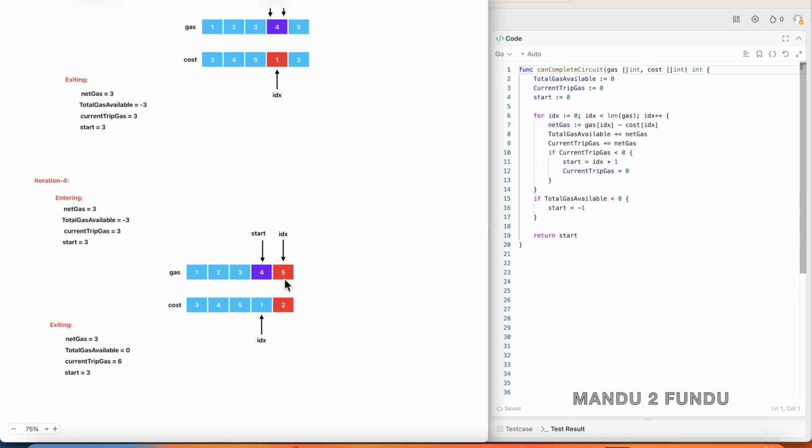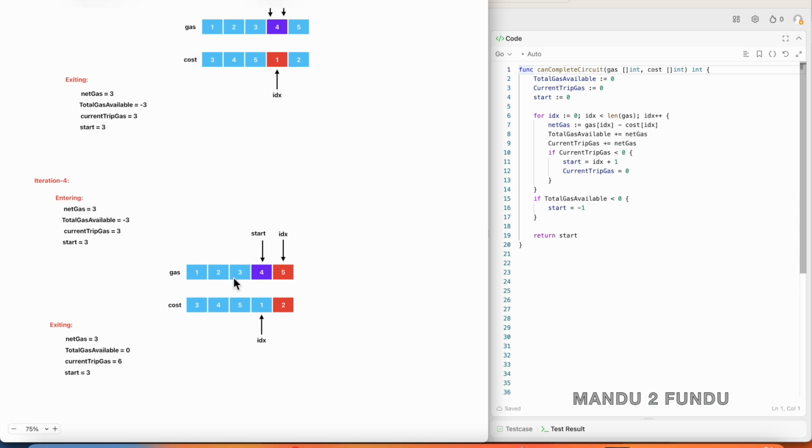And then we come to the last iteration. When we compute, in this case also the available gas is more than the cost to move to the next station, so we have 3 extra units of gas, so that's why we see net gas 3. When we leave this iteration and add it, the total gas becomes 0, and the current trip gas is 6 units, and the starting point is 3.